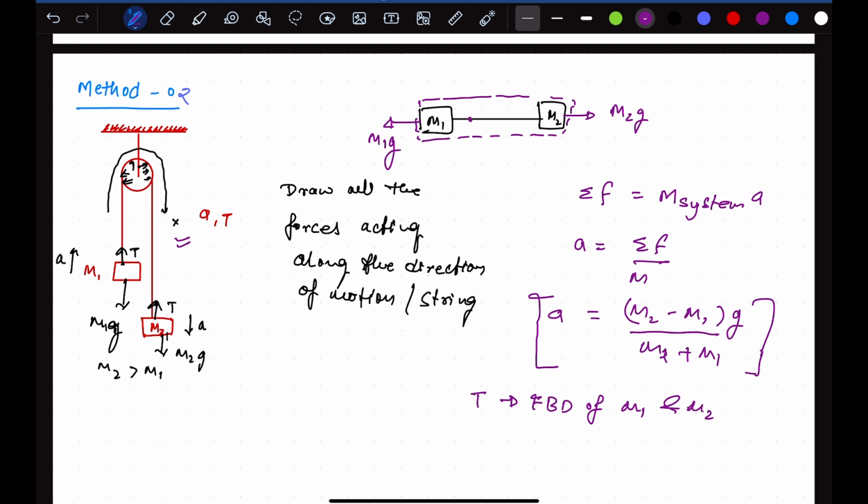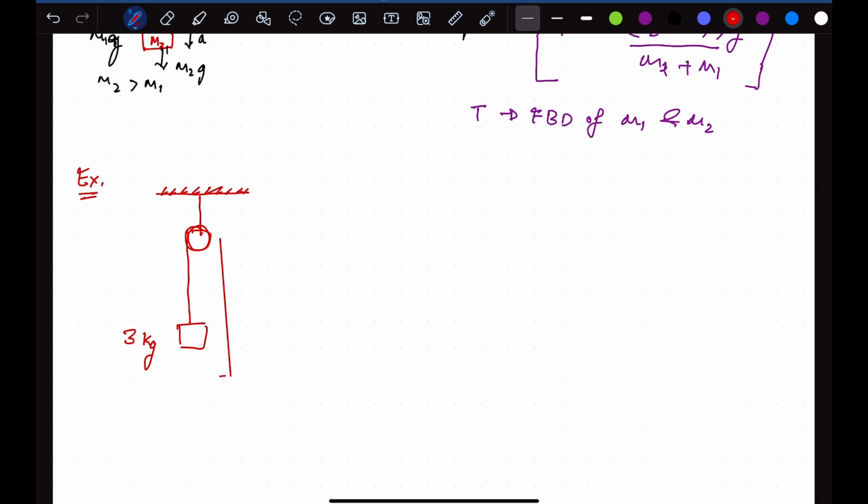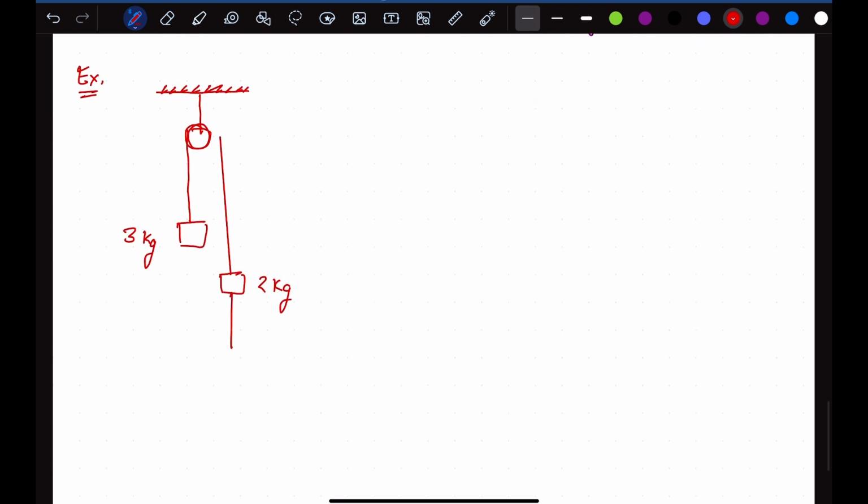Alright. Now this method is not only applicable for this, it is also applicable for multiple masses. For example, if I take it like this, there is this ceiling and then there is an ideal pulley, which is connected to a mass, let's suppose 3 kg, and then there is a mass on this side, 2 kg, and then there is one more mass connected, 3 kg.